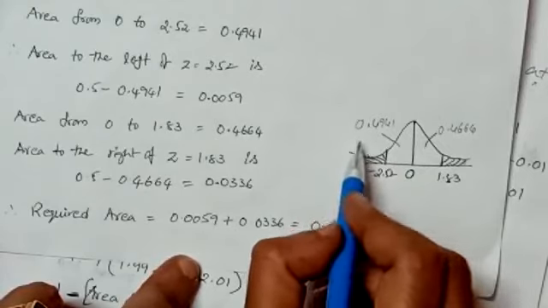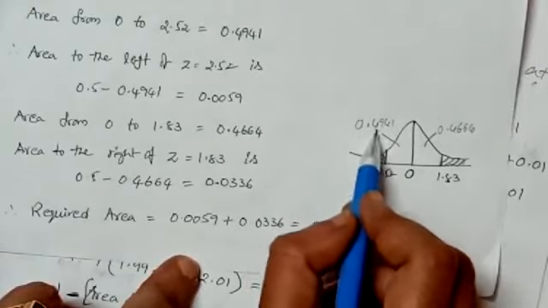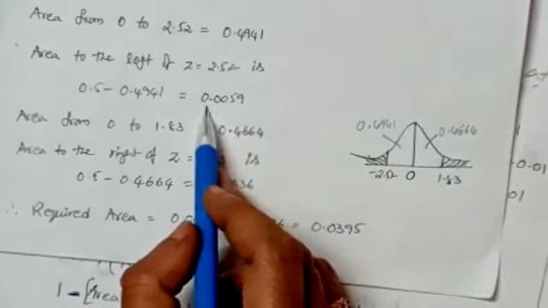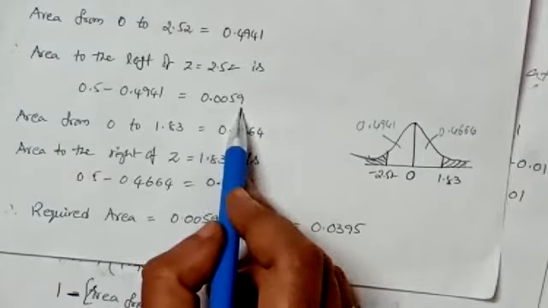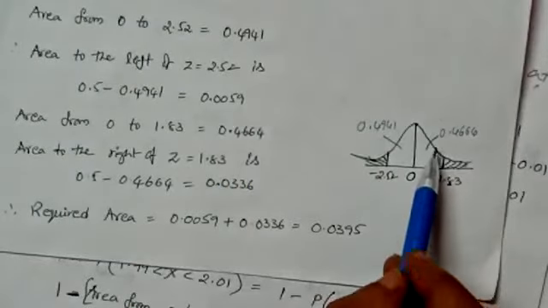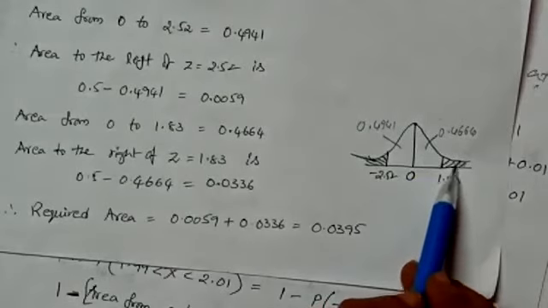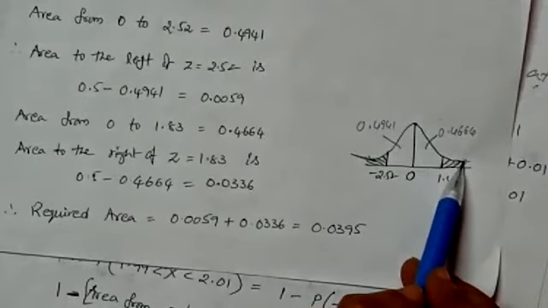If you subtract 0.4941 from 0.5, you will get the left of z equal to minus 2.52. In the same way, by subtracting 0.4664 from 0.5, you will get this shaded area.